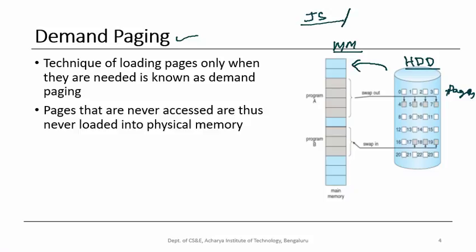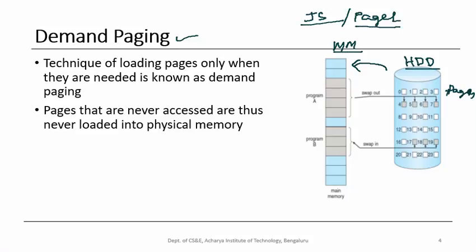Here let us use a different term, because paging is the method used to keep multiple programs in the main memory and run them concurrently. So let's use the term pager. This pager is responsible for bringing pages into the main memory.